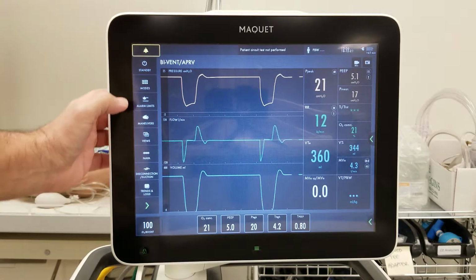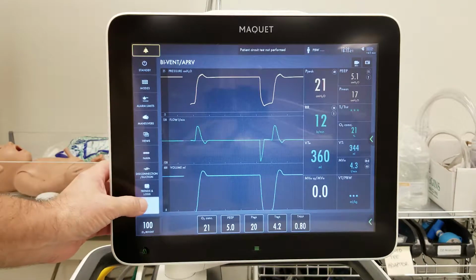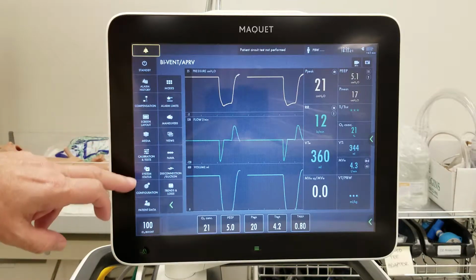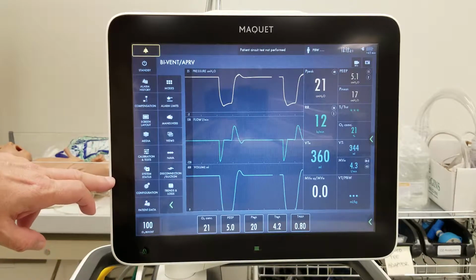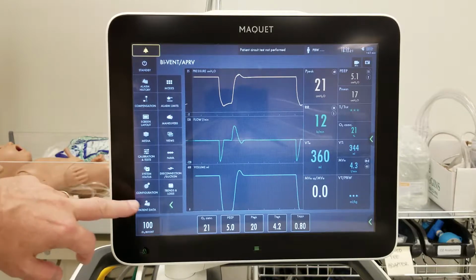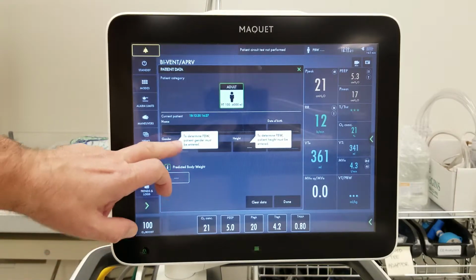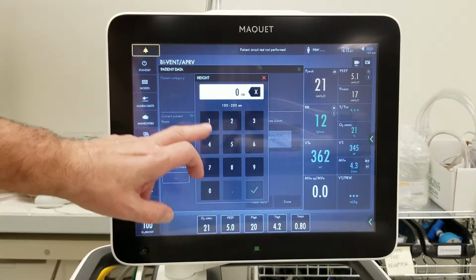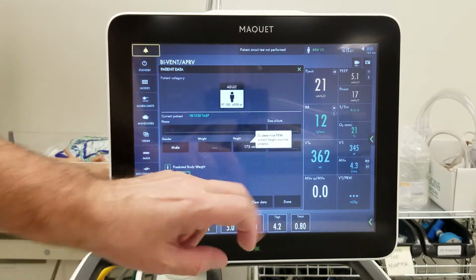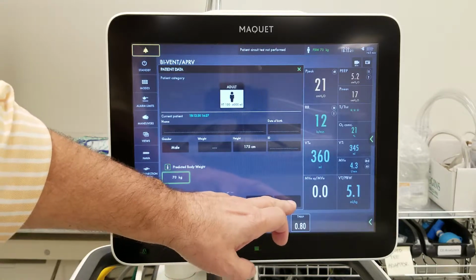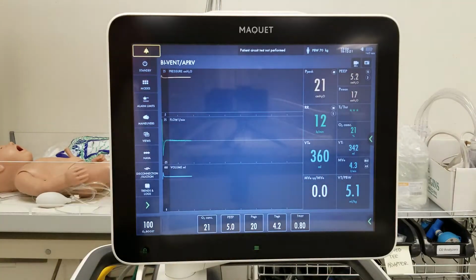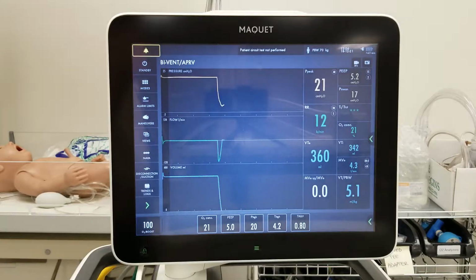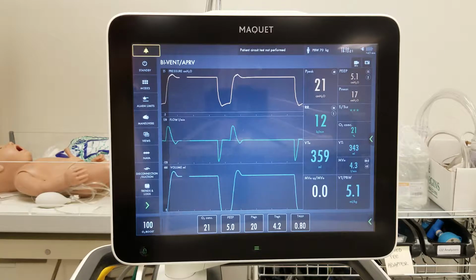Now, I realize right now I'm just going to go in and adjust that, because even though I said to keep the same patient, it didn't keep it. So I'm going to go 175. There we go. And you can see, that's why I realized I hadn't saved it. We have 5 mils per kilogram of ideal body weight.